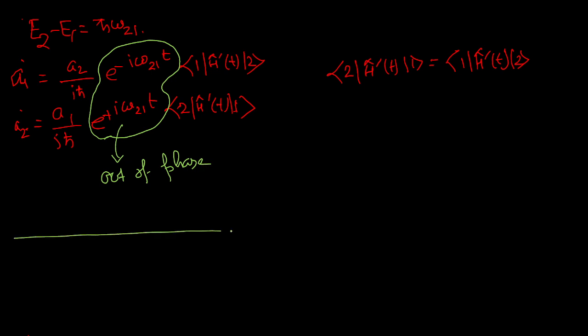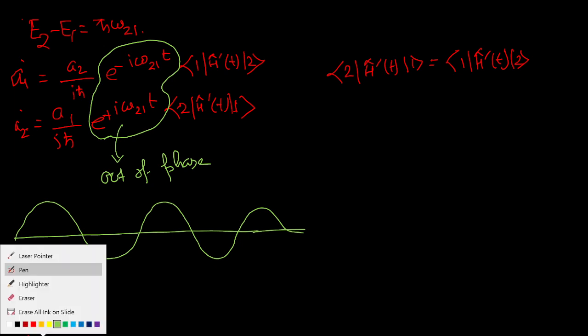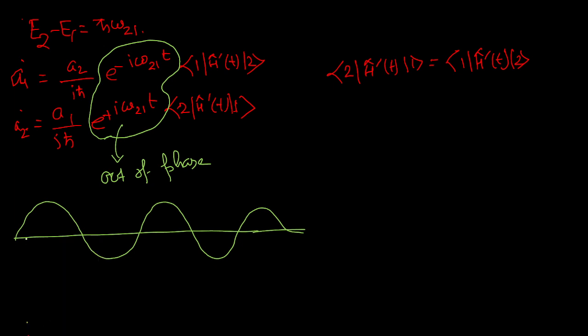That means if A1 goes like this, then A2 will go like this. Both are out of phase.